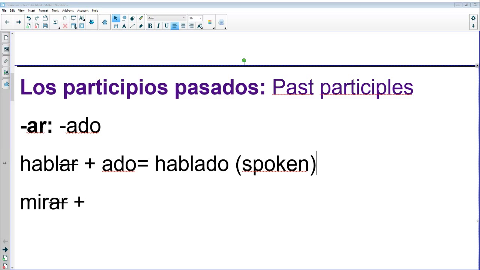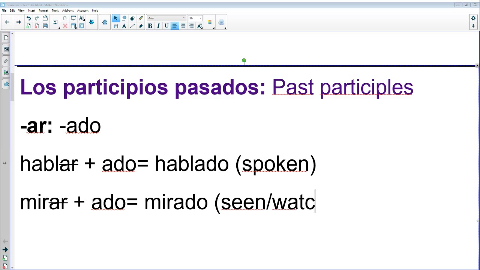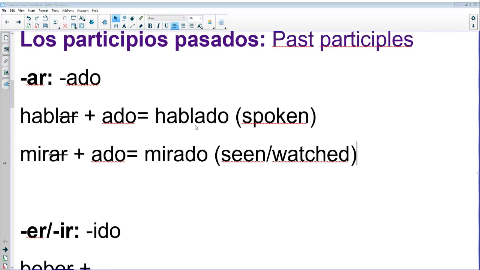If we take another regular AR verb, such as mirar, to form our past participle, we start by taking off the AR, then we again add ado, and we end up with mirado, which means seen or watched. And that's all there is to forming regular AR past participles. Remember, you start with the infinitive verb. Take off the AR, add ado, and you have your regular AR past participle.